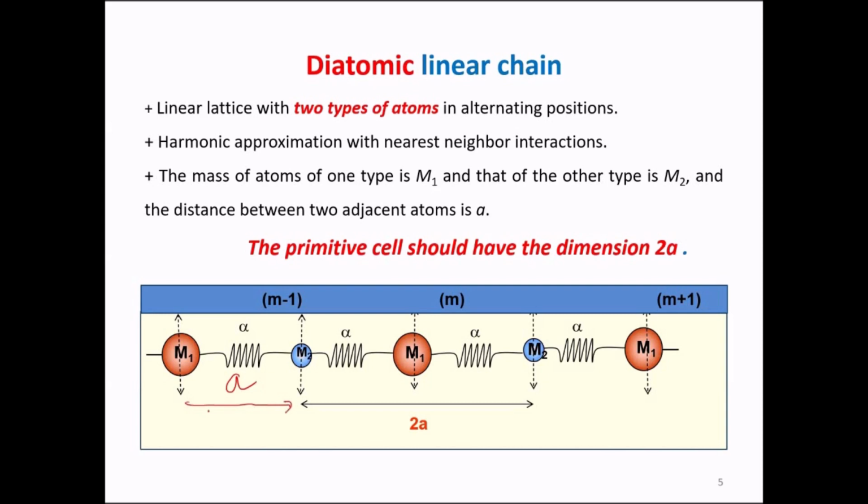If you displace a to here, this one will overlap this one, and this one overlapping is not a repeat, right? So that's why we have to select the dimension of the primitive cell as 2a. So 2a satisfies the repeat of the primitive cell to construct the whole lattice. So now the primitive cell has length 2a. You agree with me on this? Sure, right? Okay.